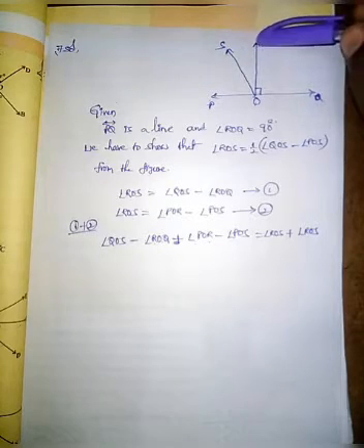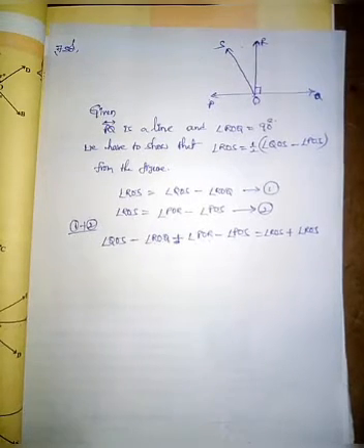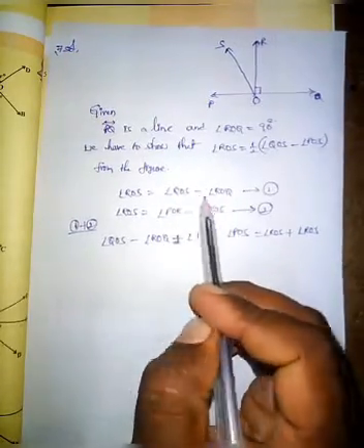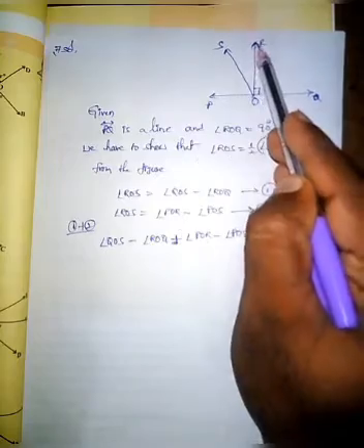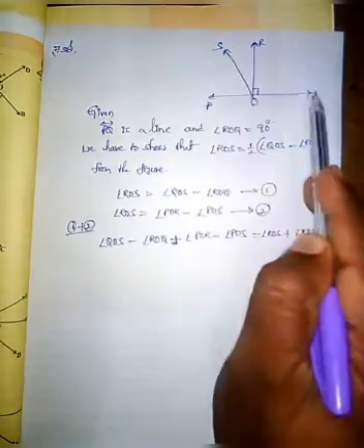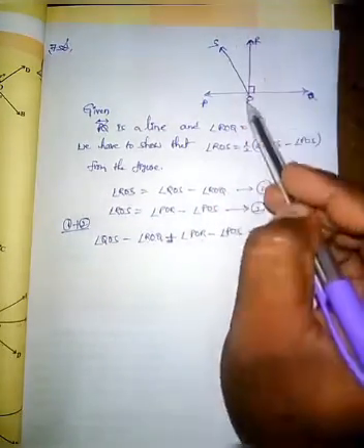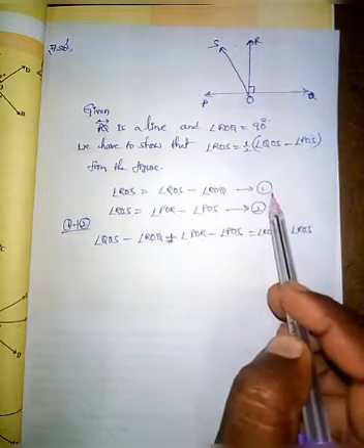Then you will get this ROS part only. So I wrote the same data here, that is from the figure, ROS equals QOS minus QOR. You can write QOR or ROQ. So this is equation 1.